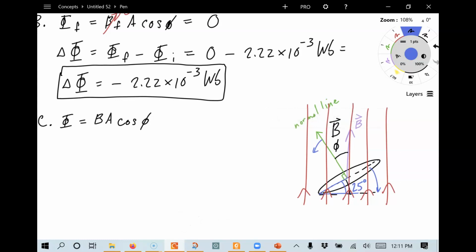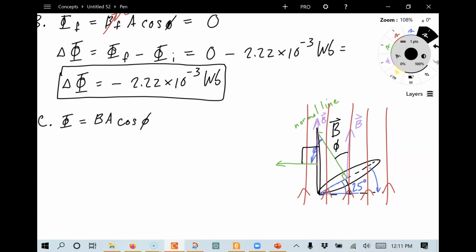We're going to rotate it in this direction so that it's going to come up and be basically just like this, the loop, and you can see the magnetic field lines aren't passing through. The new normal line in that case is going to look like this, and the angle between the magnetic field and the normal line in that case, if we draw the new B field at that position, we're going to see that this is a 90, right?